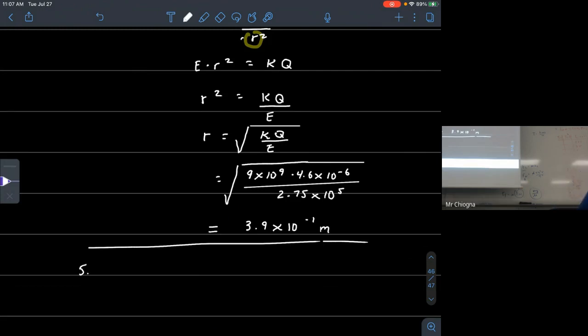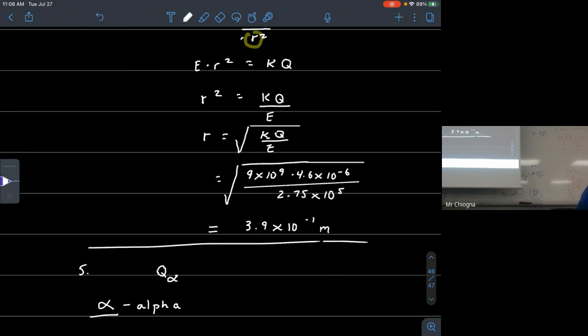Okay, read over 5 carefully to yourself. Remember, before you begin, the charge on an alpha, that's a symbol. That fish means alpha. It is the first letter in the Greek alphabet, alpha.